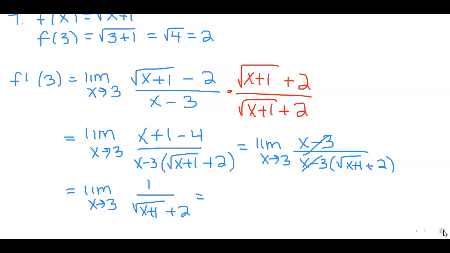So that gives the limit as x approaches 3 being plugged in. So you get 1 over the square root of 3 plus 1 plus 2, or 1 over the square root of 4 plus 2, or 1/4.